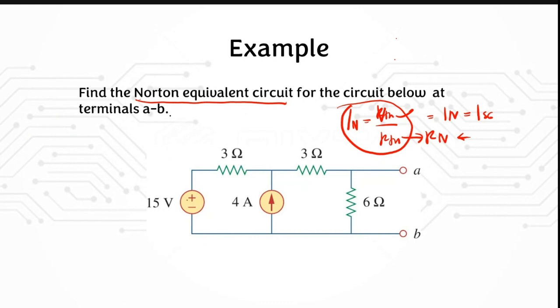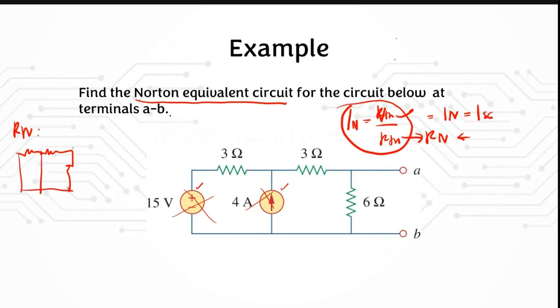If from this circuit, you know that we only have independent sources, right? We have only voltage and current source. So in order to calculate for the resistance, we can just turn off this part. When we turn off, then we can redraw the circuit where we only have this.